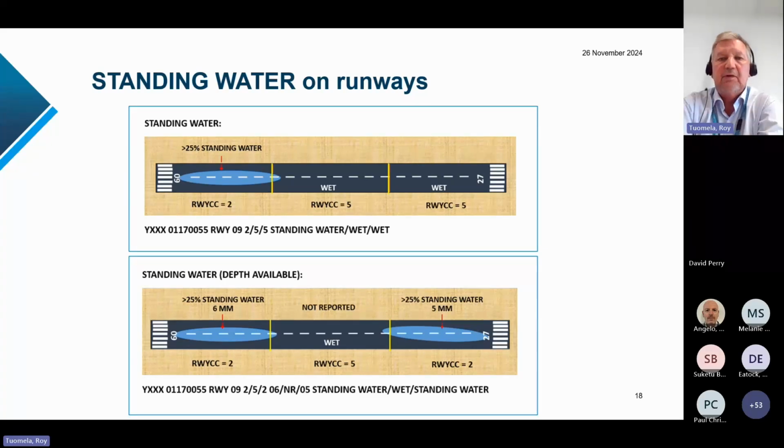And as I'll talk about a little bit later on about the aerodrome manual, if you do have standing water as a regular event, setting aside those requirements for runway design and inspection and maintenance, you can always record a copy of that RCR in your aerodrome manual, so it's ready to roll out when those conditions exist, without having necessarily aerodrome personnel out on the runway during the rain.